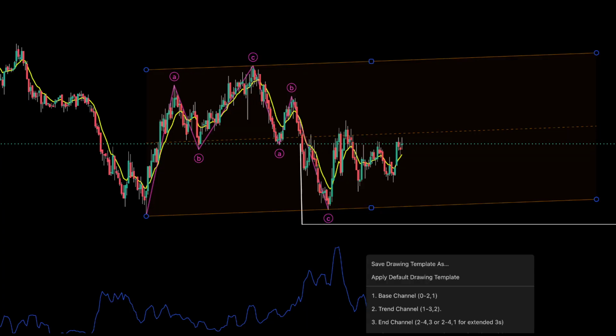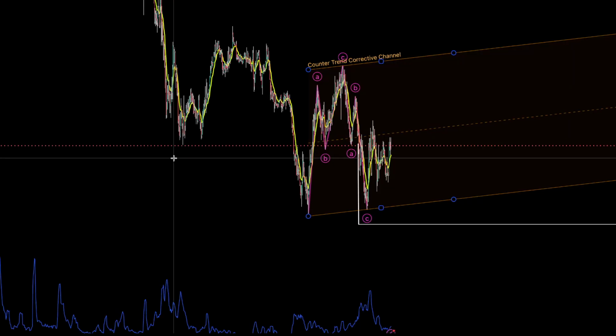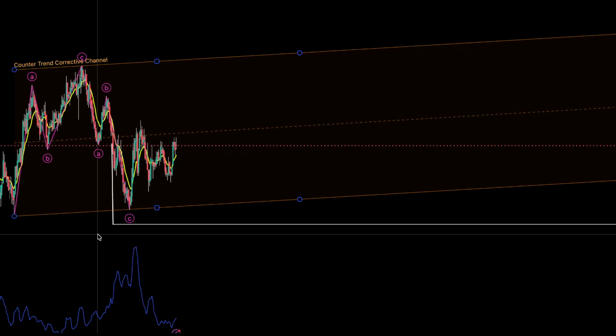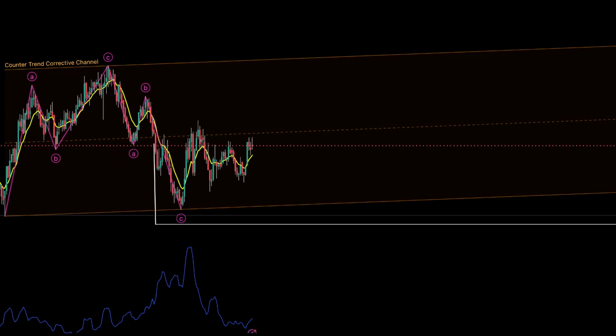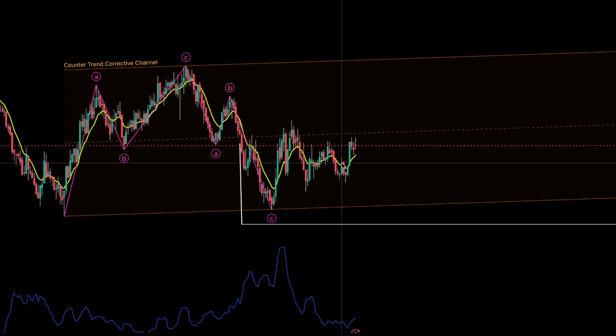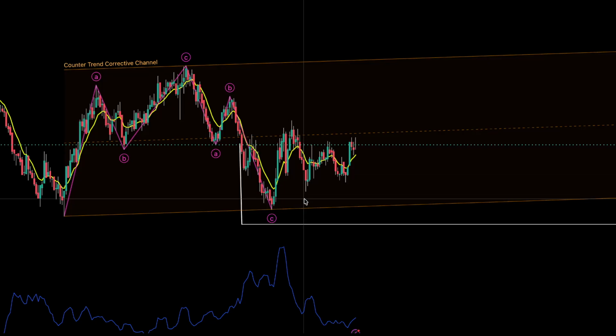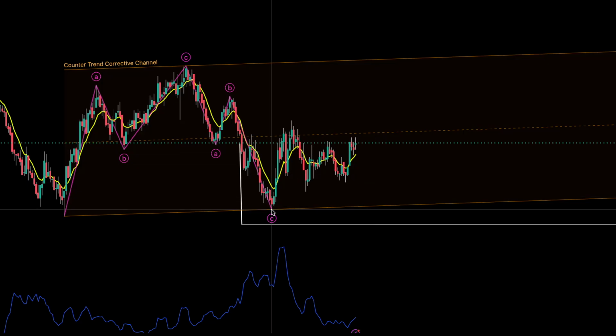Elliott trend corrective channel, counter trend, right? We said the trend was down, so the channel slopes up. We've got a 3, another 3, and so what I'm expecting here is some kind of 5. I don't know what that'll look like. It could be, this is kind of looking like it would be a very ugly one.